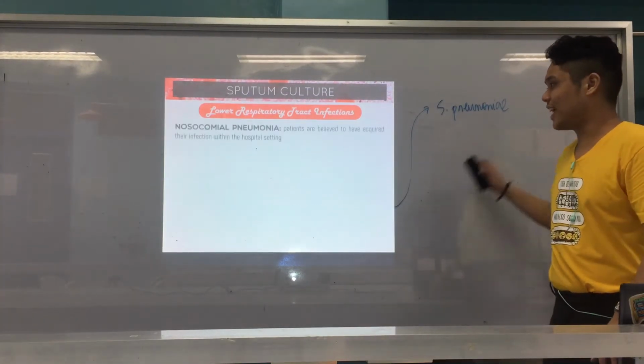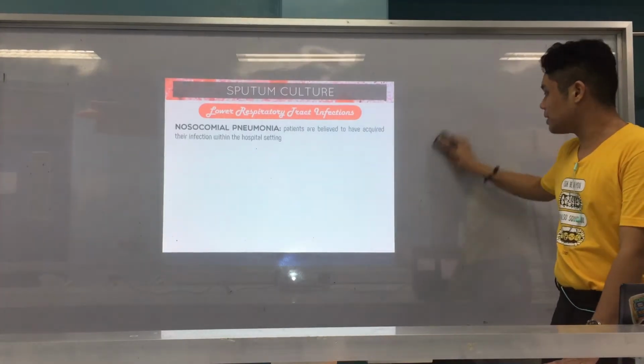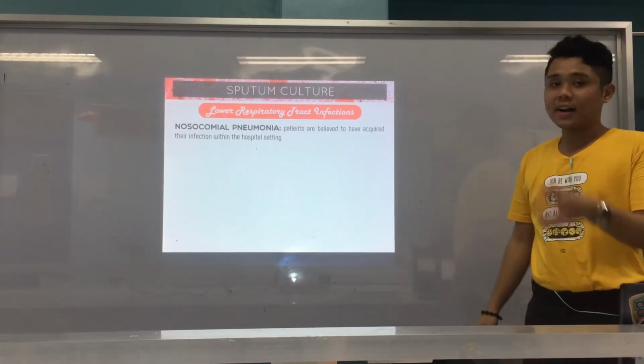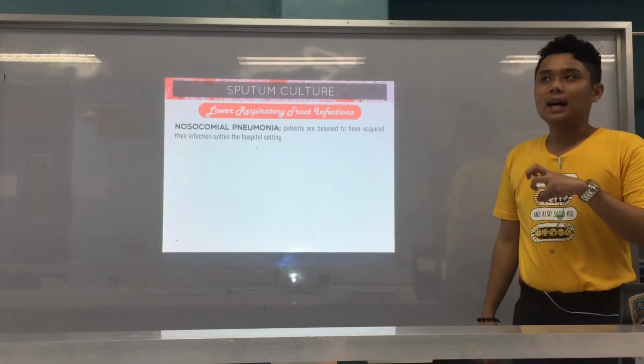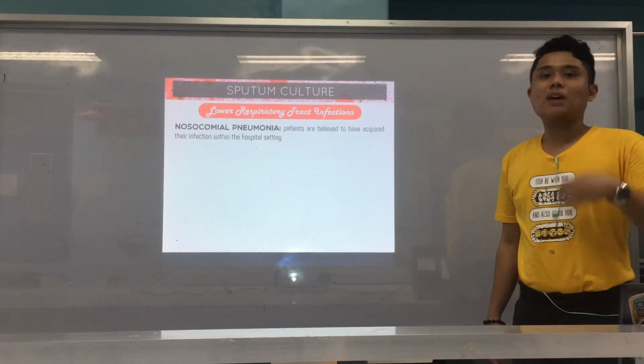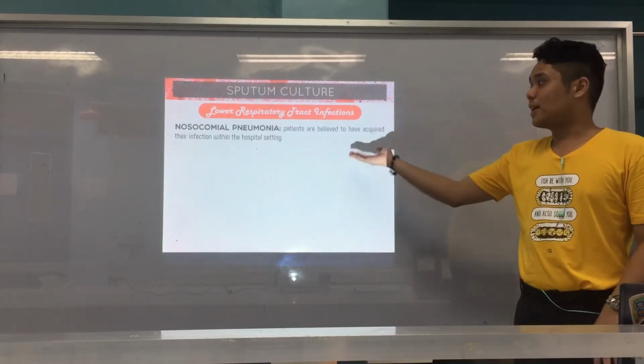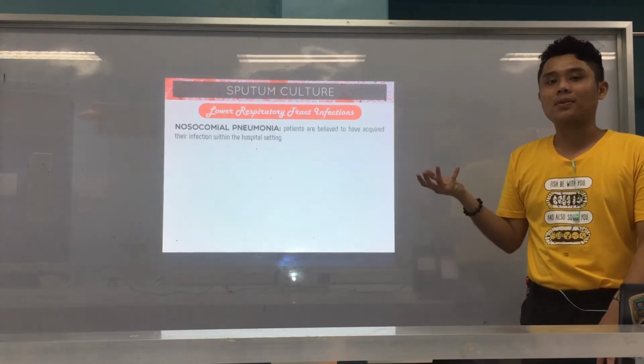Next, nosocomial. Whenever the term is nosocomial, it means the patient acquired it from the hospital. For example, a patient was admitted for diarrhea and then developed pneumonia after a while. That is nosocomial pneumonia, acquired from the hospital.